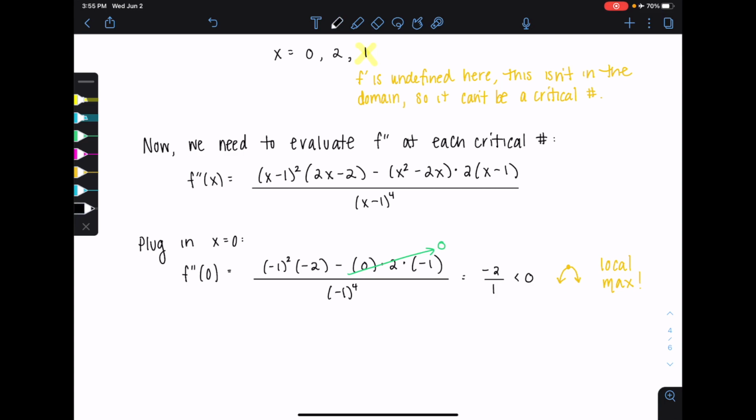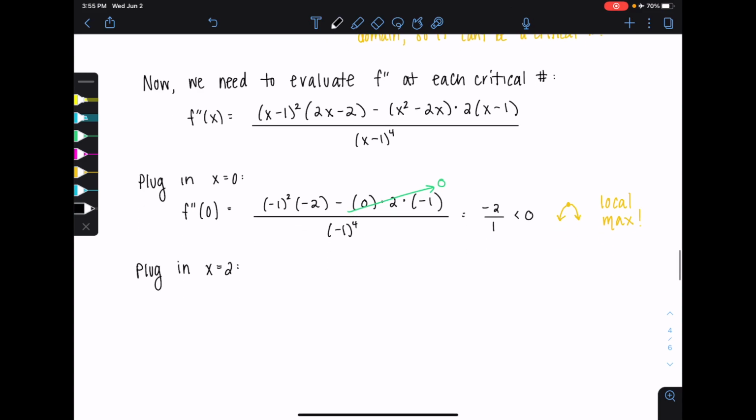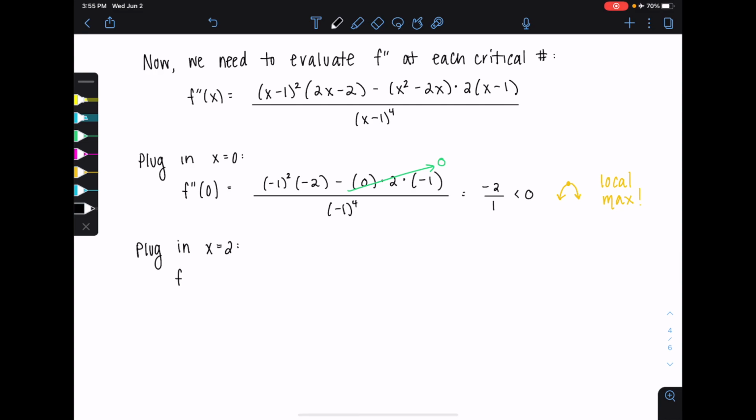Okay. Now if we plug in our other important critical number, that will tell us the second derivative evaluated at 2 is going to be positive 1 squared.